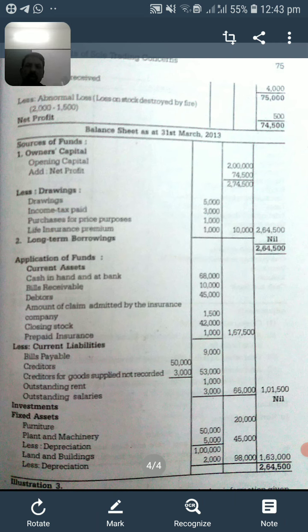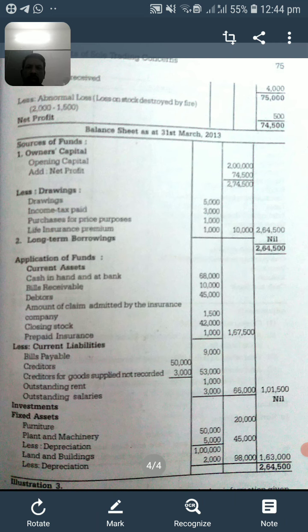So next we move on to balance sheet as at 31st March 2013. So we divide this balance sheet into two parts. One is sources of funds and number two is applications of funds. So under the sources of funds, number one, owner's capital. So we start with opening capital of rupees 2 lakh, add net profit of rupees 74,500. So total 2,74,500, that is owner's capital less drawings.